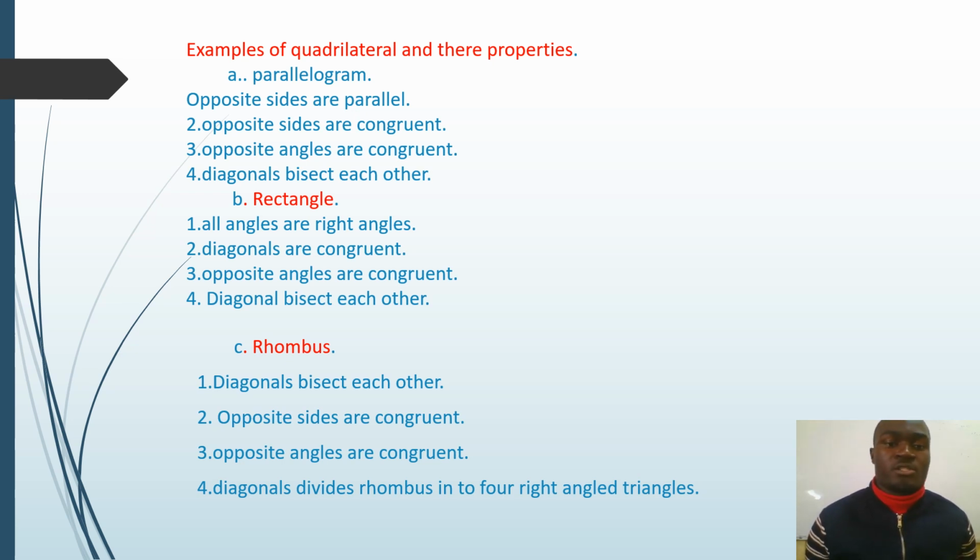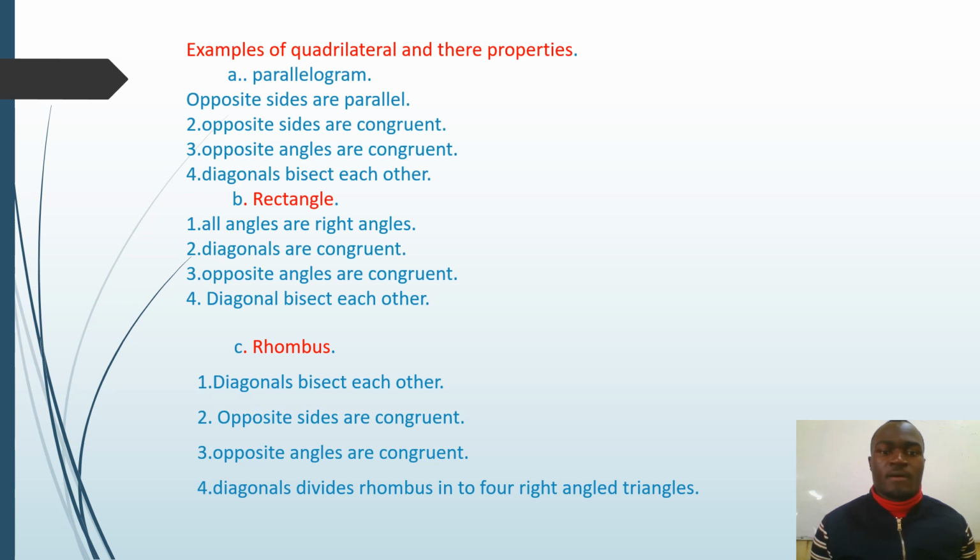One of the properties: all angles are right angles, and that one is very true because a rectangle is a four-sided figure whose 4 angles are equal and they measure 90 degrees. Every corner of a rectangle is 90 degrees. When you measure a rectangle at the edge, it's 90 degrees.